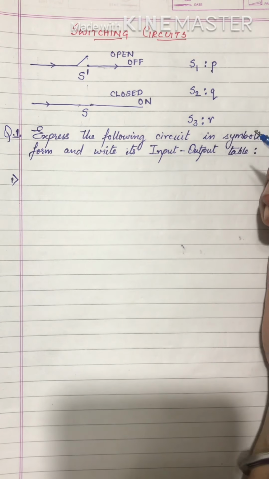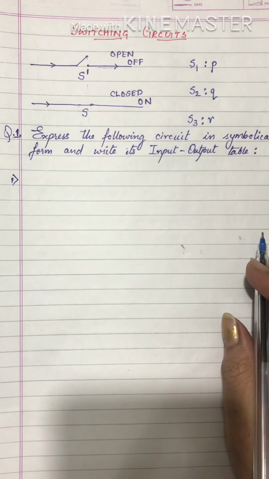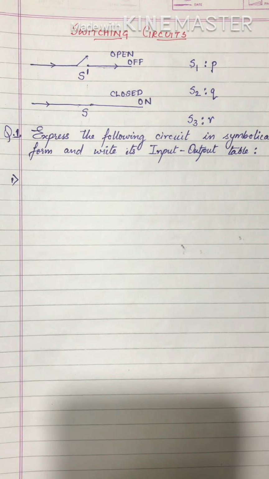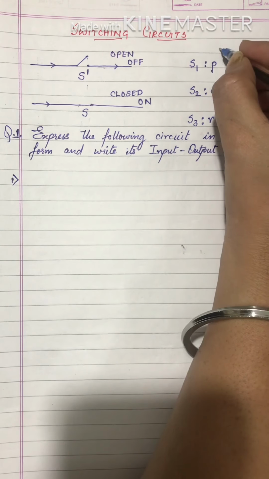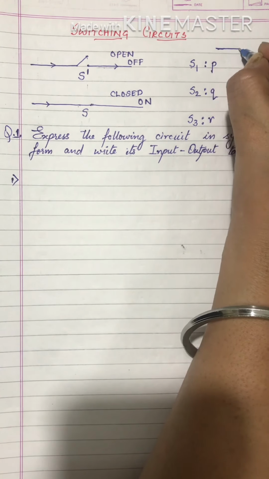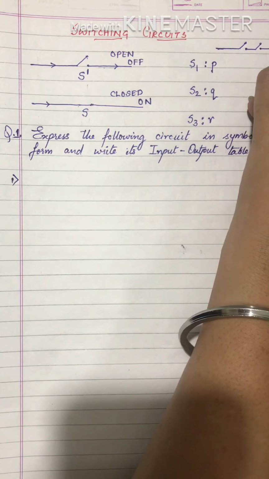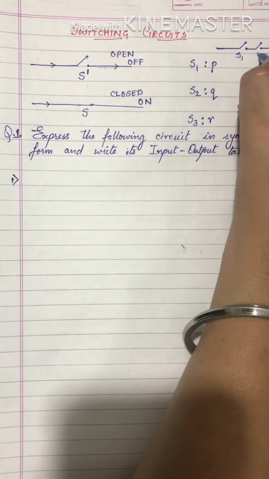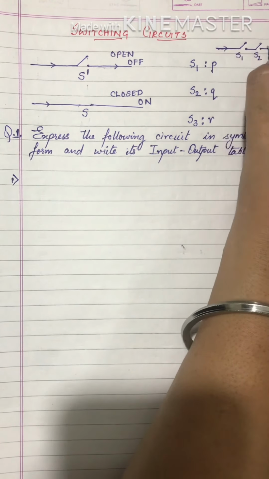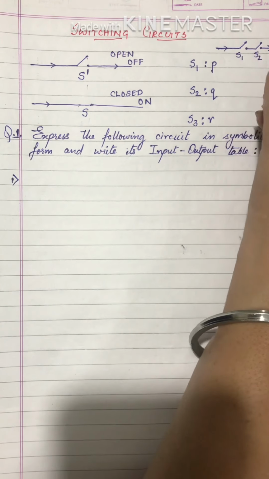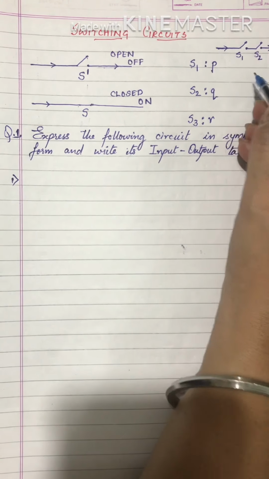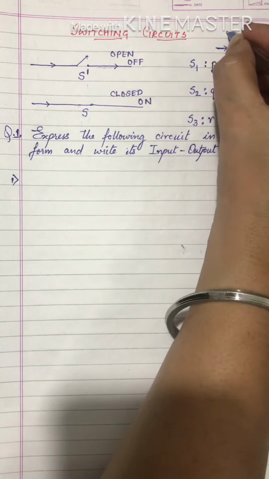There are two more conditions which we need to know about the arrangement of switches in a circuit. The very first one: suppose I take a small portion of a circuit like this, and two switches S1 and S2 are connected like this in a single straight line, then we say that the switches are connected in series.